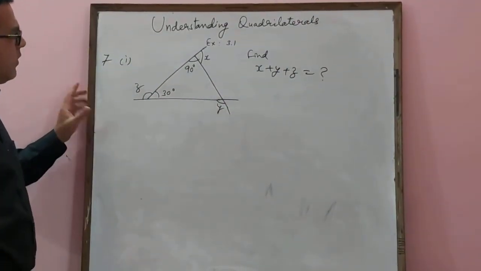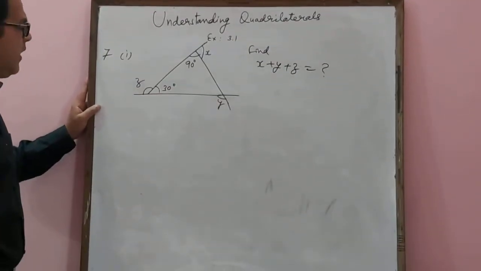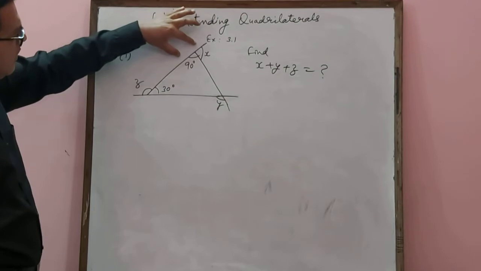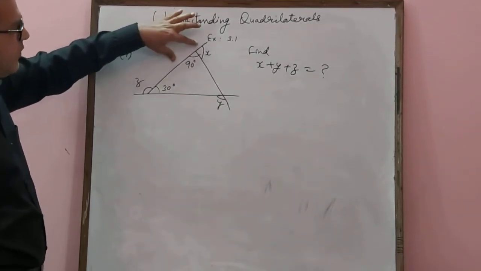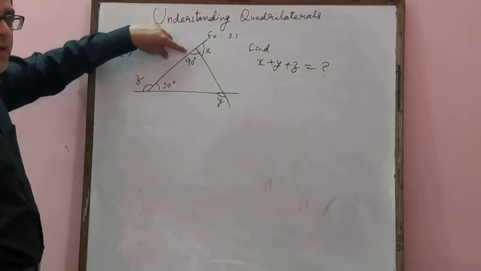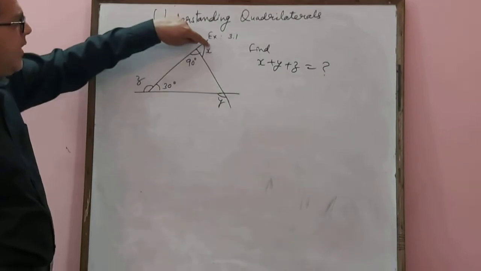So there are so many methods to find the values of x, y and z. See, you can see here, x and 90. These two angles are making a linear pair. So we can find the value of x.